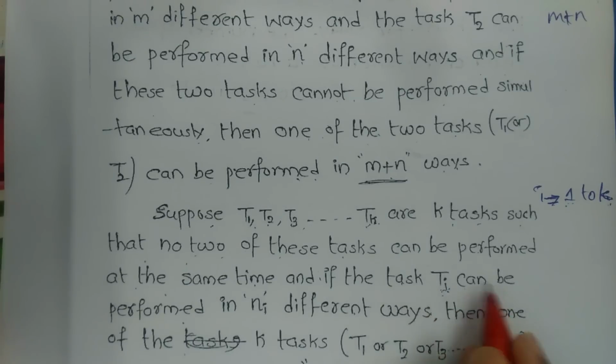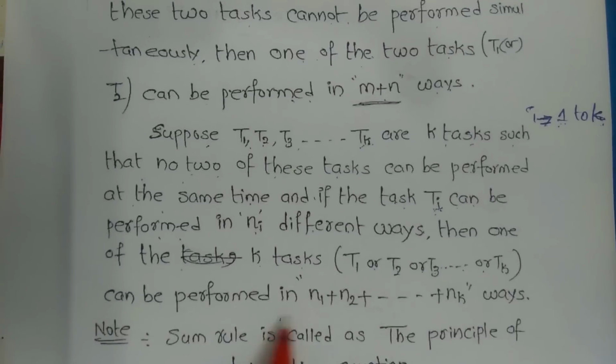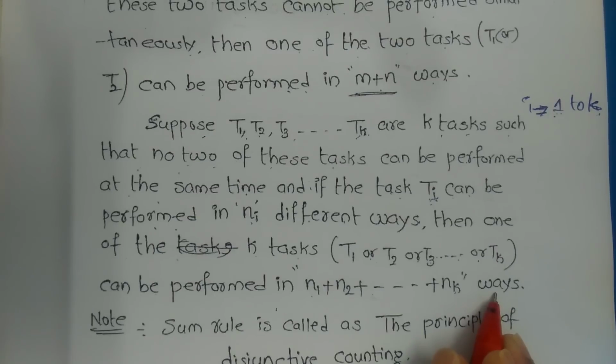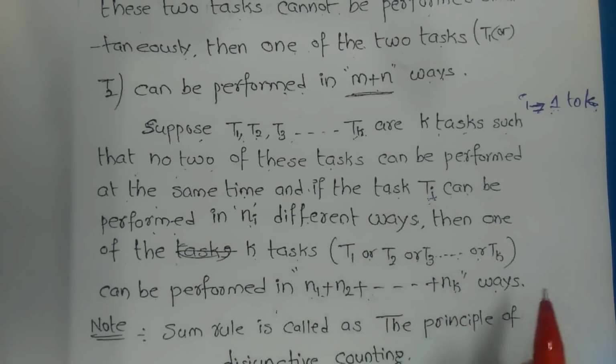So the task Ti can be performed in ni different ways. Then one of the k tasks, either T1 or T2 or T3 and so on up to Tk, whatever it is, can be performed in n1 plus n2 plus so on up to nk ways. We just have to add all the numbers of ways.